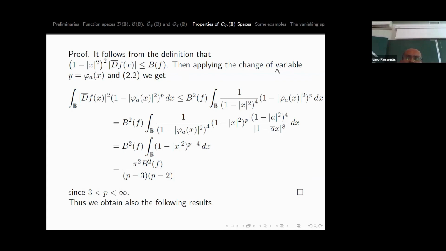We apply again some change of variable, and then we estimate the definition of the Qp space, because then we can change this first factor by this factor, the estimation of the Bloch norm, between this factor in the denominator. Okay, then we make some transformations here. We use again some change of variable here using the Möbius transformation, and we obtain finiteness. That means that if this is finite, then this integral is finite.